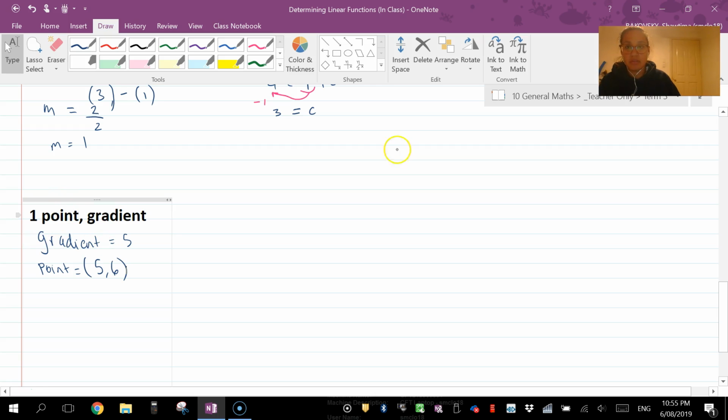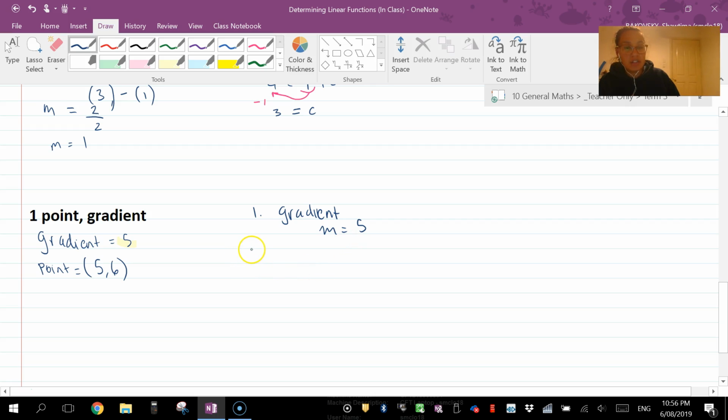M equals 5. So you've already got that. This is your m value. So the gradient is m equals 5.